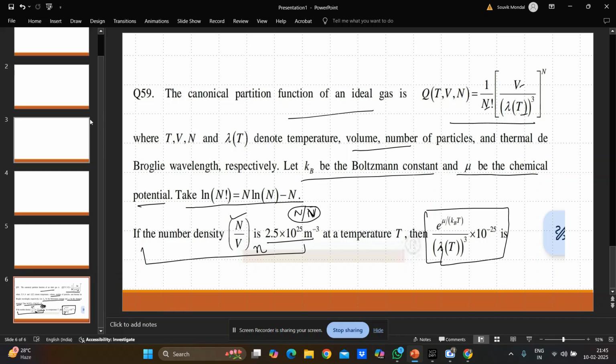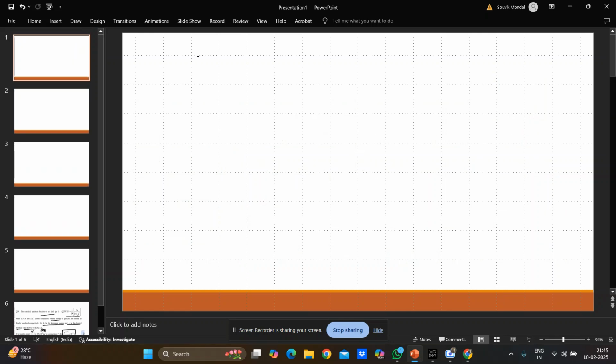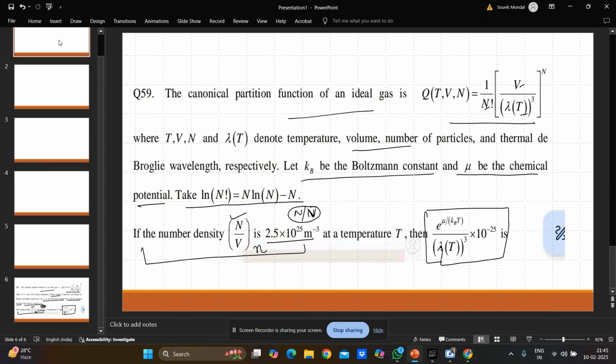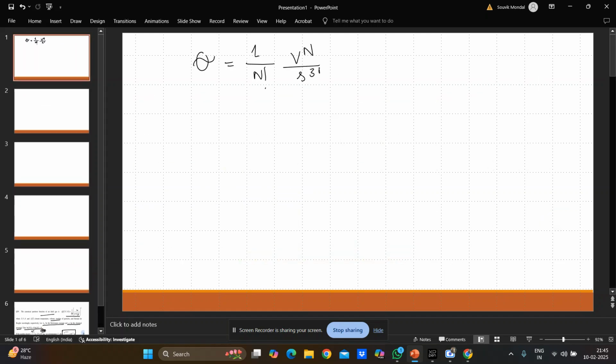Okay, so now let's try to solve it. First thing, they have given you the canonical partition function, that is 1 by N factorial, V to the power N divided by lambda to the power 3N. So this is your canonical partition function.